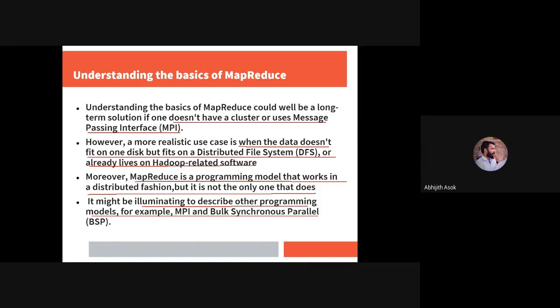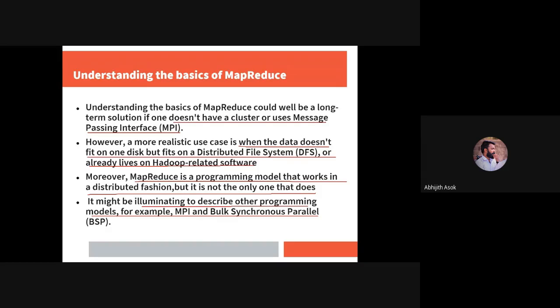MapReduce is a programming model that works in a distributed fashion, but it is not really the only one that does. So it might be illuminating to describe other programming models such as MPI and bulk synchronous parallel.